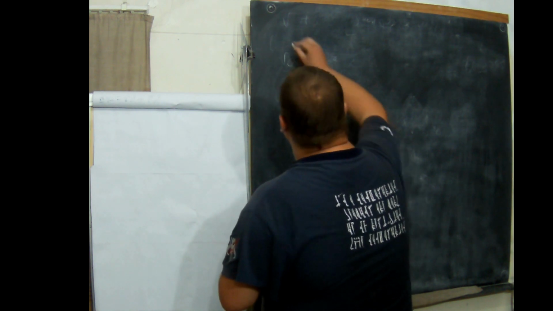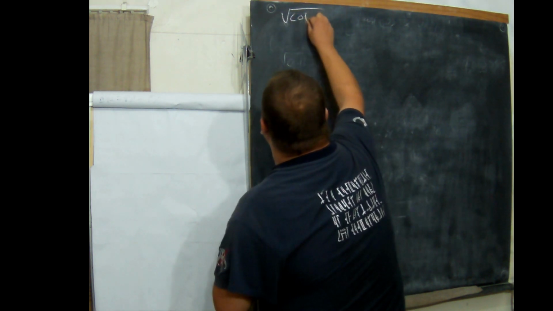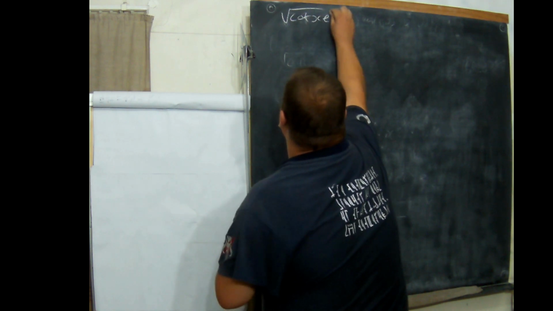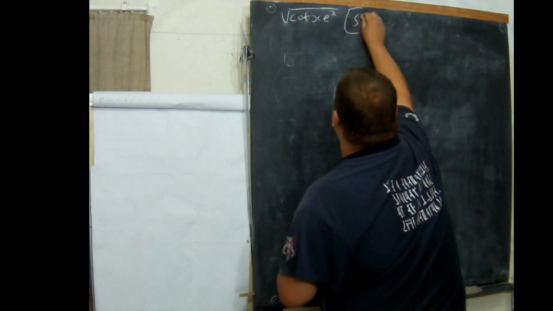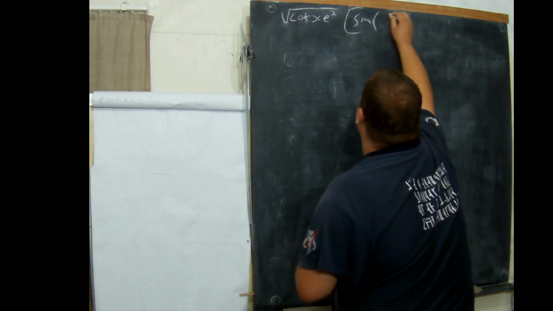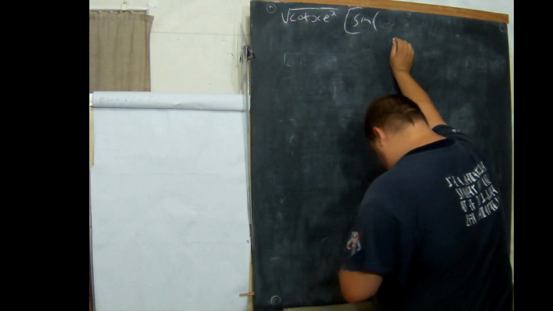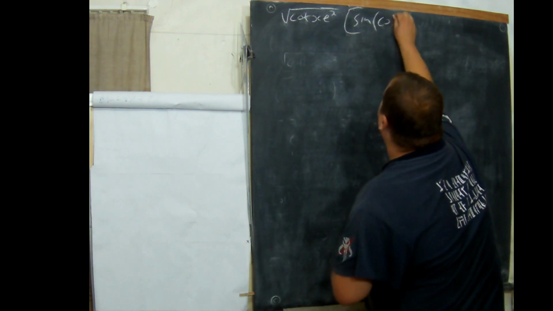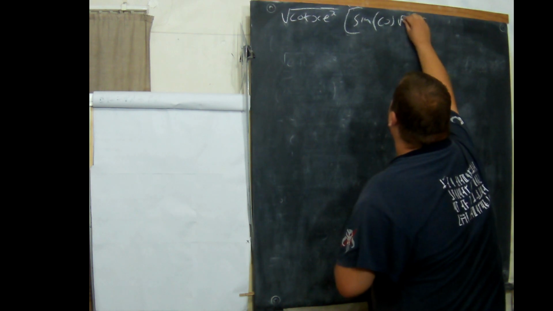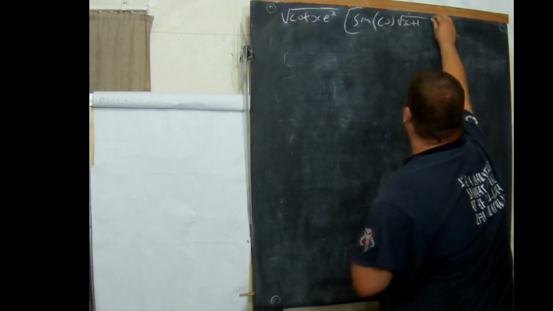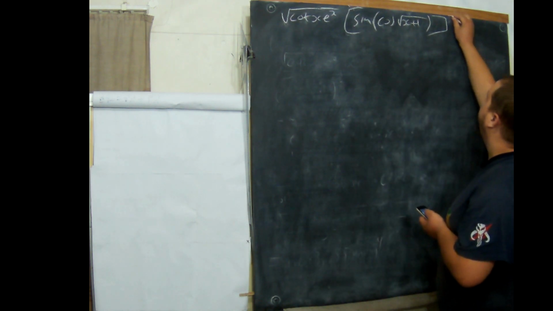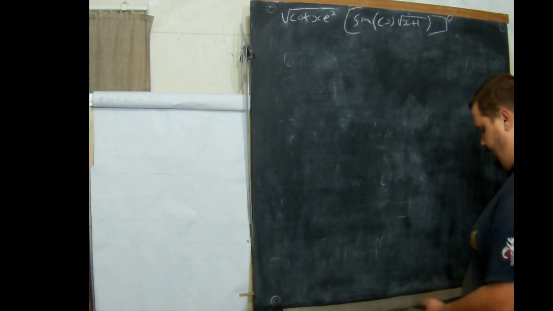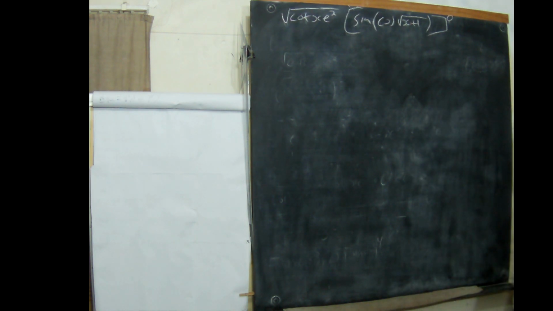Our first sum goes: the root of cot x e to the x, times sine, times cos of the root of x plus 1, all to the power 0.